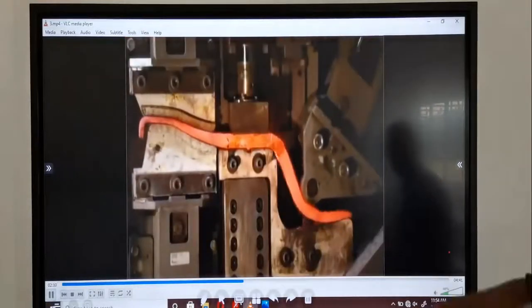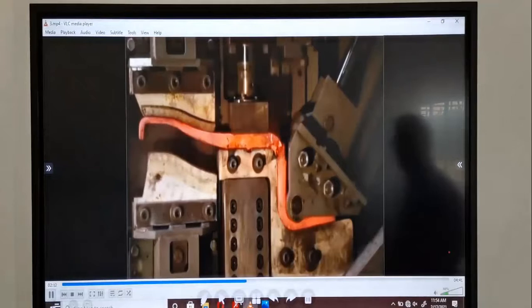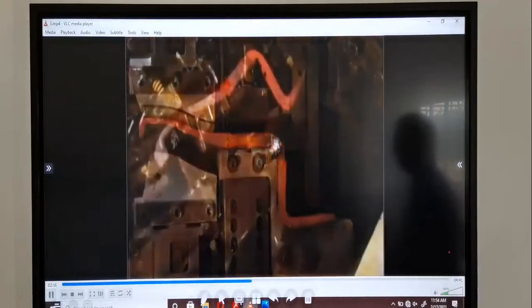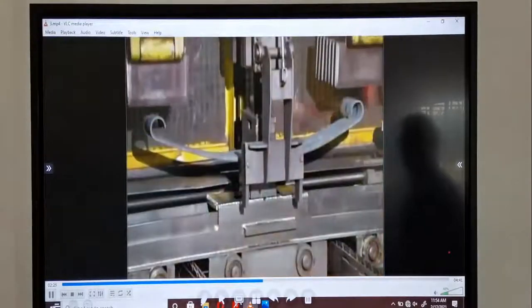You can see the flexibility of it. With heat treatment, we can bend the metal easily to our desired shape.